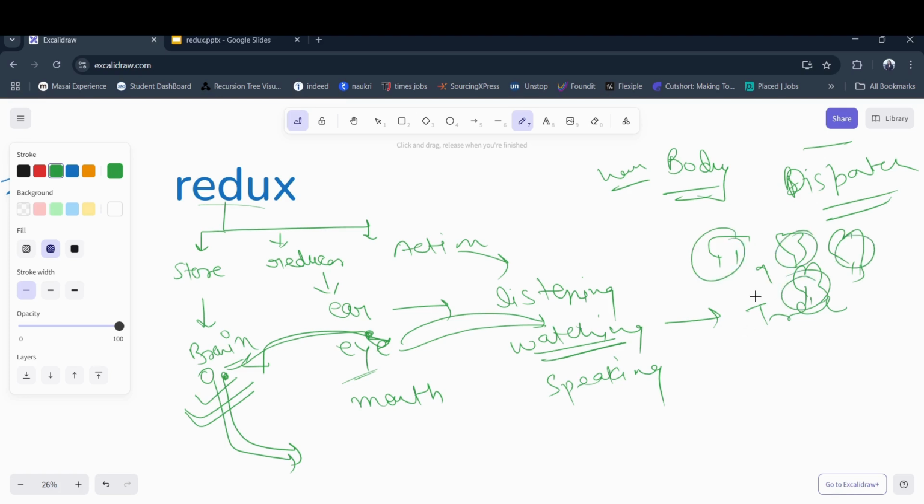So it will perform the action. So dispatch is something which sends a message from the brain to the reducer to perform a particular action. This is a very important thing about Redux, and we should know about it. I explained it with normal body parts, so I hope you understand it better.